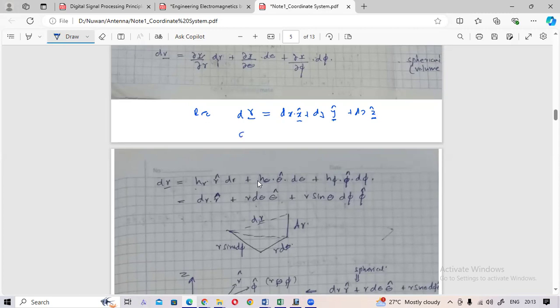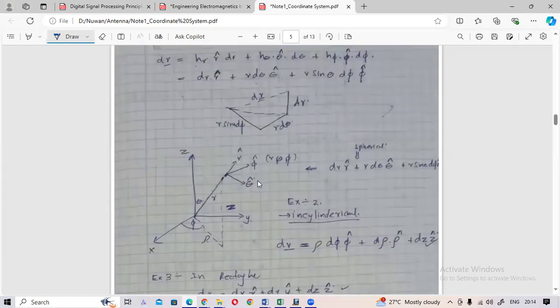Okay, but if you want to represent this using what is called the spherical coordinate, this dr will be... Okay, so spherical will be like this: dr r hat, r d theta theta hat, r sin theta d phi phi hat.